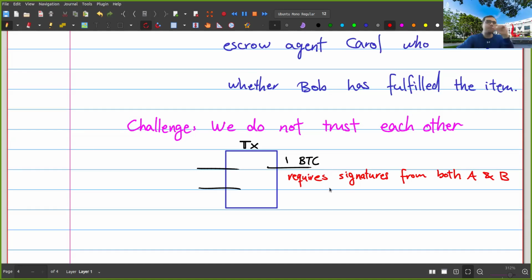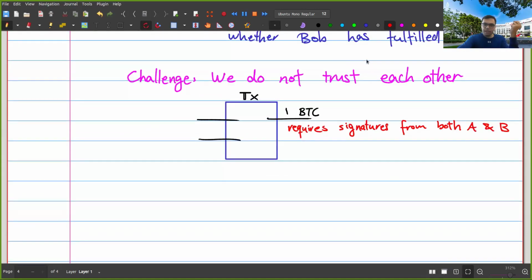But now, again, the problem is that one side can extort the other side. So imagine that I am Bob, and suppose that I have not sent the item to Alice. But this transaction is already published on the blockchain, so this money is locked. So I'm going to create a new transaction. This is Bob's attack transaction.